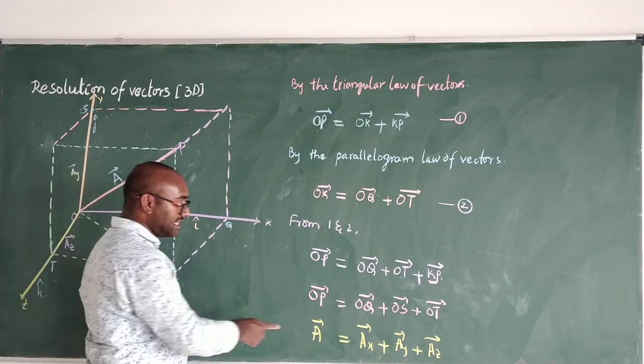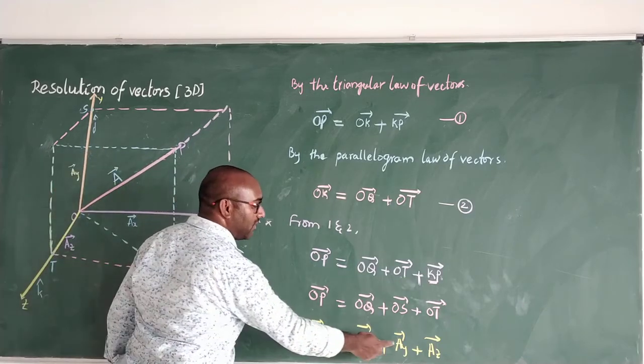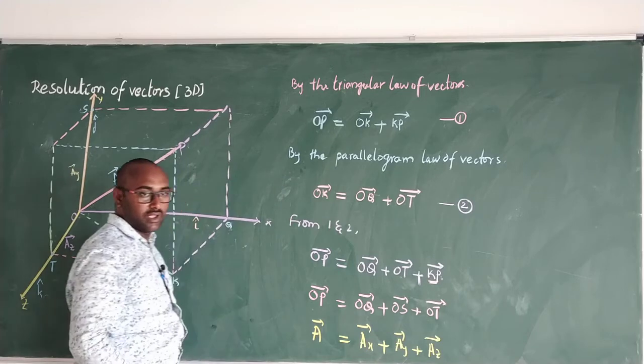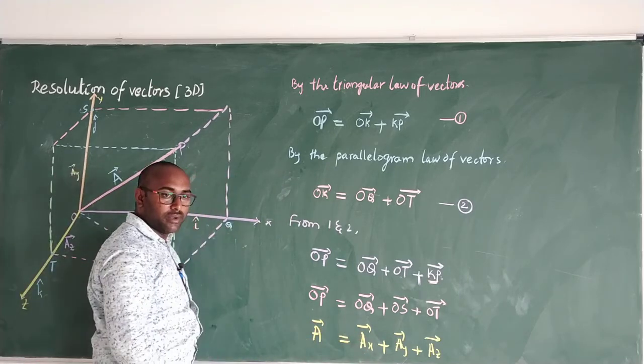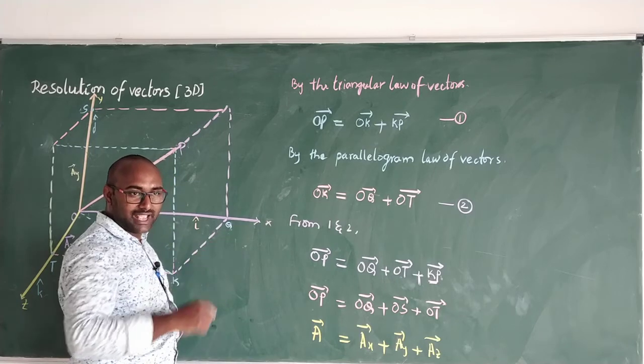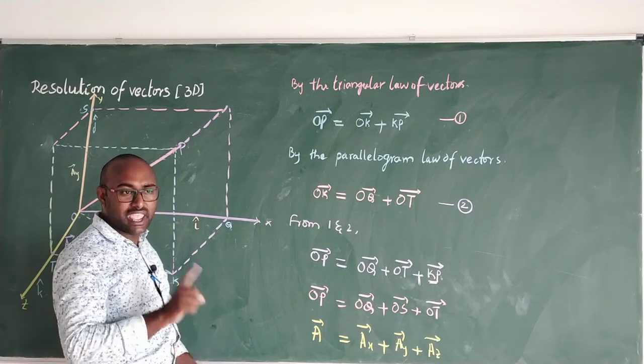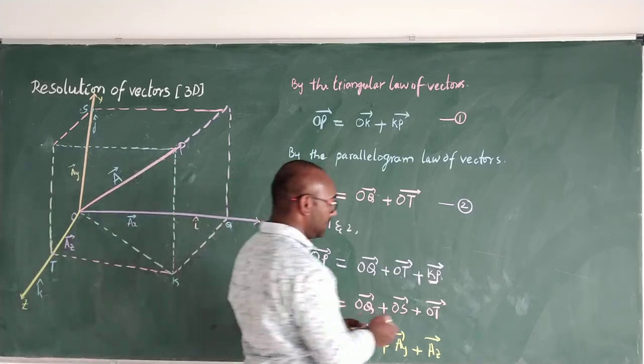So that means this vector I resolved into x component, y component, z component. Now, if I want to know the magnitude of the AX vector, how much is it? AX. In which direction? X direction. That means how we will represent AX: I cap. Write down.